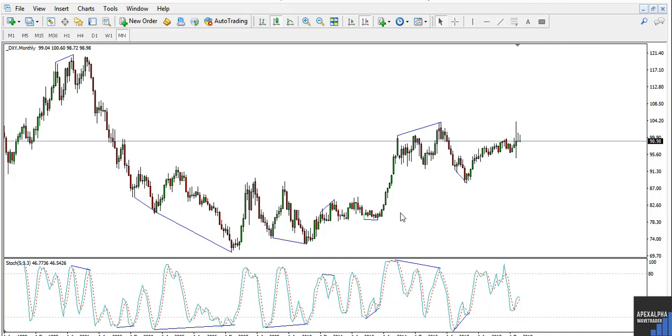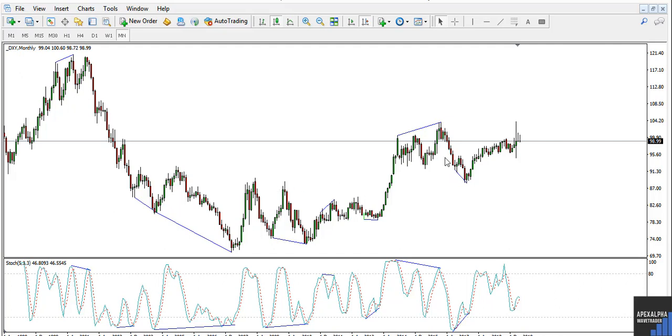So let me reiterate again. When you see divergence like so at the top of price going down, this is negative divergence. And when you see divergence like so pushing price up, this is called positive divergence. Okay, so while it's not so crucial that you know the names, I just want you to learn how to recognize divergence. And you can see that this being the monthly chart, we were able to spot divergence here.